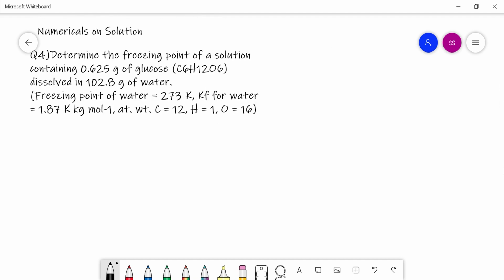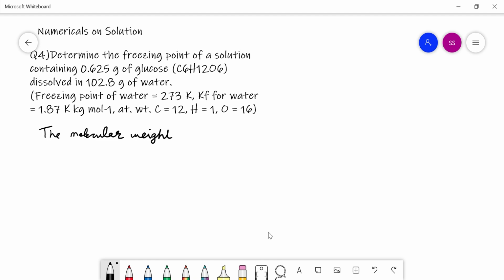नेक्स्ट क्वेश्चन है बेस्ड on depression in freezing point concept पे. Determine the freezing point of a solution containing 0.625 gram of glucose C6H12O6 dissolved in 102.8 grams of water, where freezing point of water is 273 K and Kf for water is 1.87 Kelvin kg per mole.